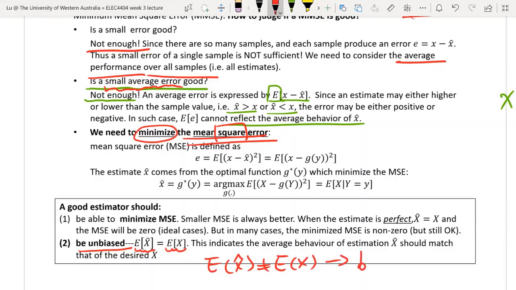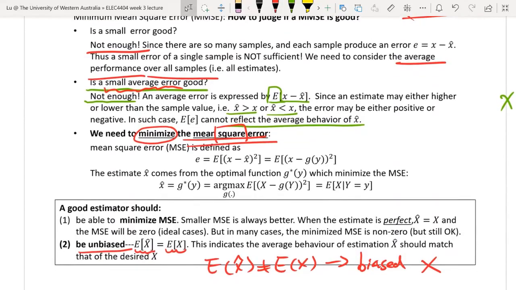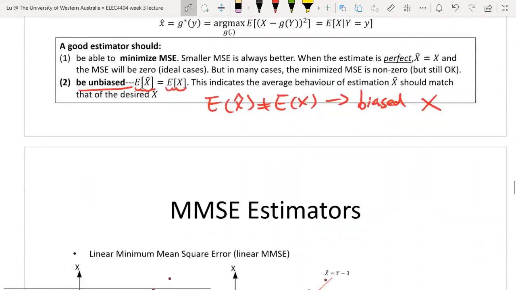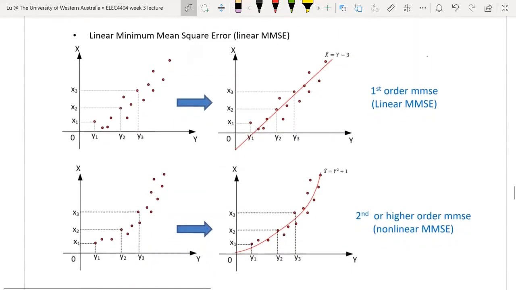This is called a biased estimator. This is not good because your estimation cannot match the performance of the original variable. These two things are not expected to be the same. Of course, the estimation is not good. It's a very poor one. Okay, this is all the important criteria used to judge if an MMSE estimate is good or bad. But it's not the end. We'll move on to the next part.